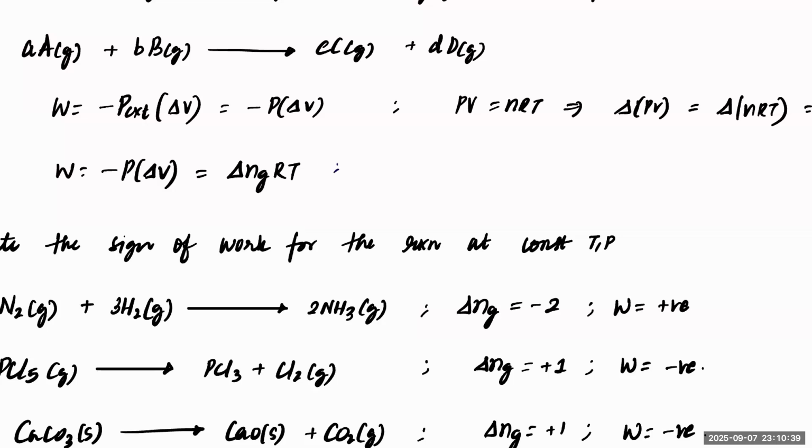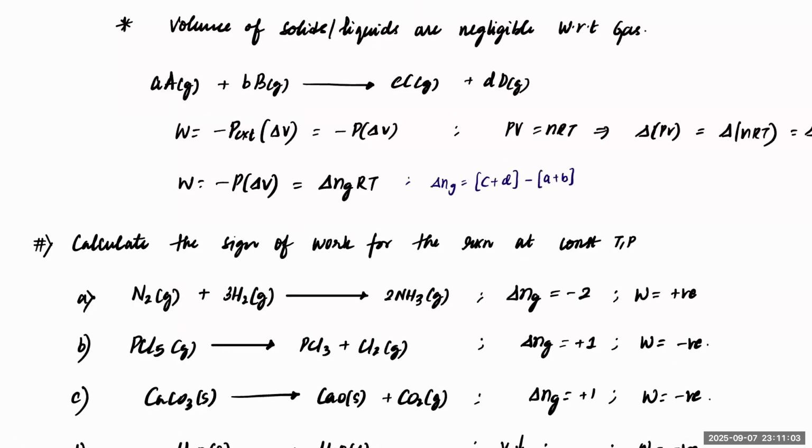Delta Ng represents the sum of stoichiometric coefficients of the products minus the sum of stoichiometric coefficients of the reactants, considering only the coefficients of the gases. This is how we can calculate the work done.